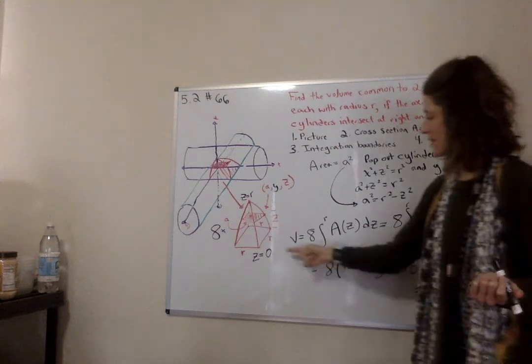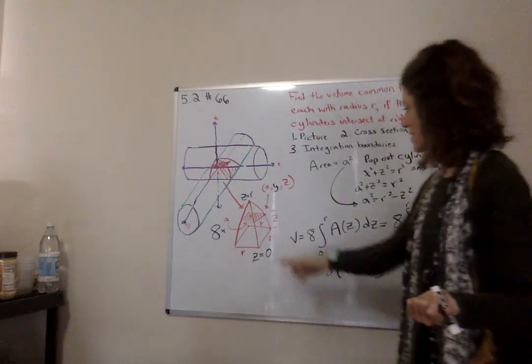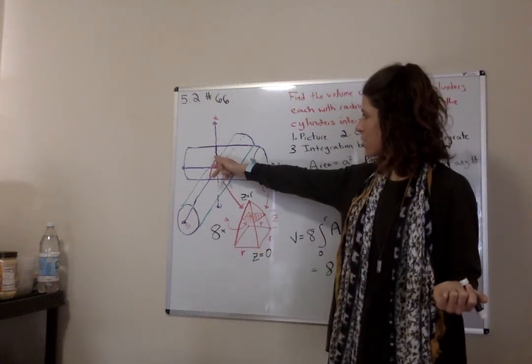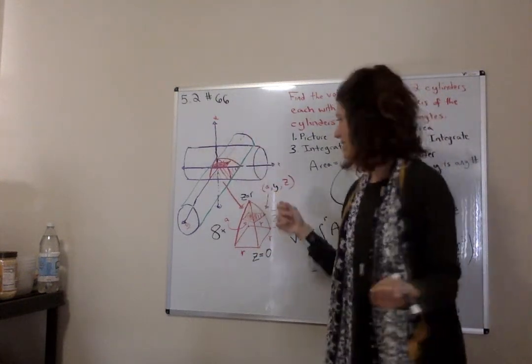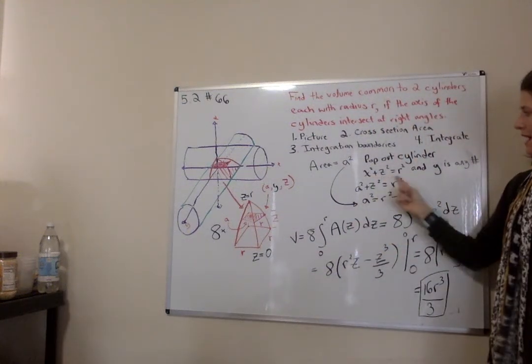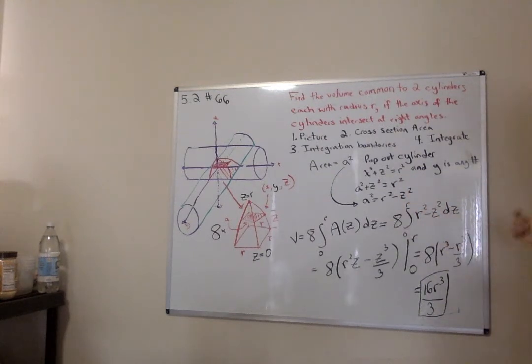In this case, z equals 0 corresponds to where the xy plane cuts the tent. z equals r corresponds to this point all the way up on the z-axis where x and y are both 0. Again, if x is 0, what does z have to be to satisfy this equation? r.